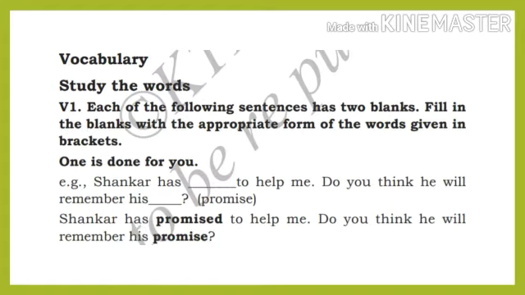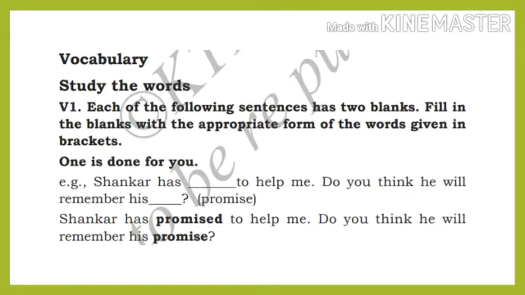In the first sentence, Shankar has promised to help me, the word promise is used as a verb. And in, do you think he will remember his promise, promise is used as a noun. That is a form of the word promise.